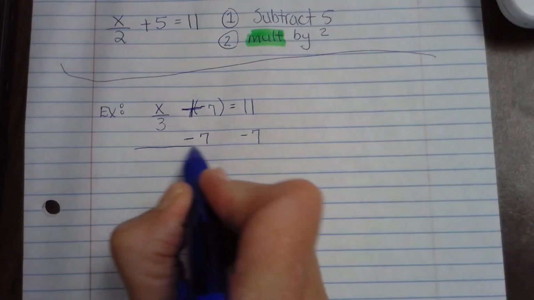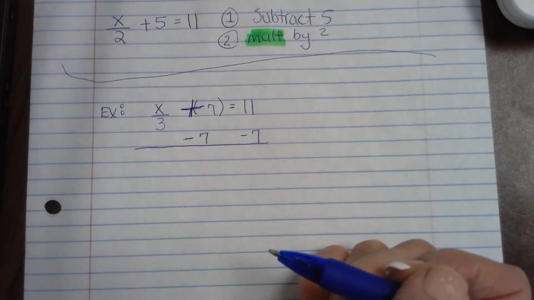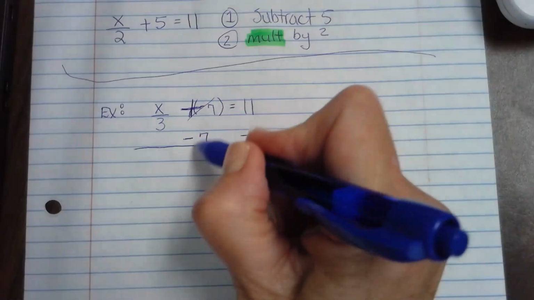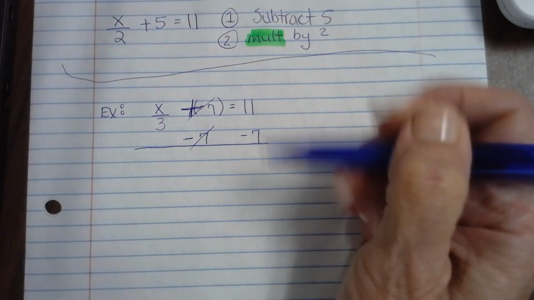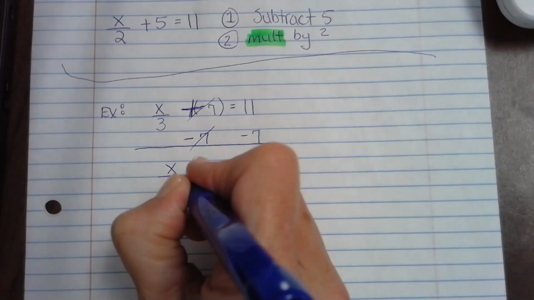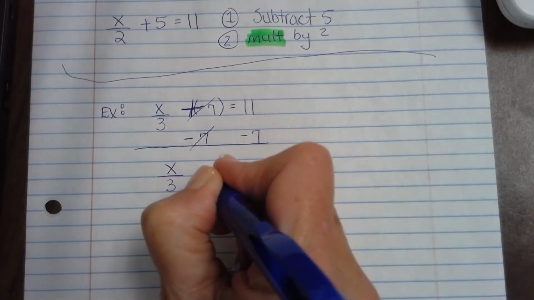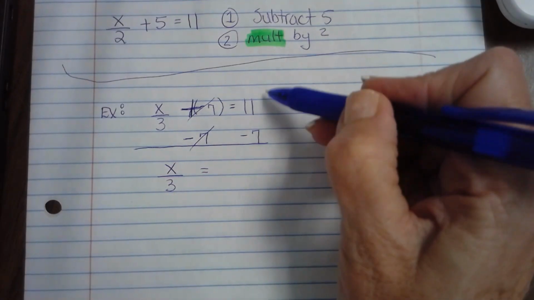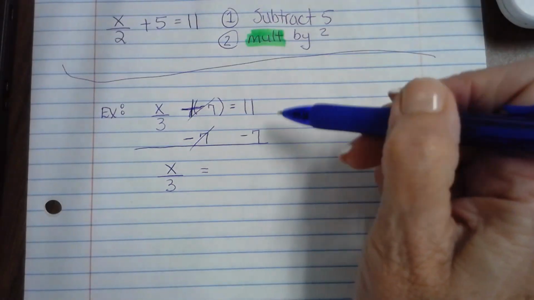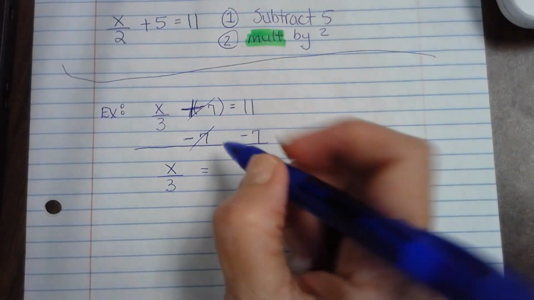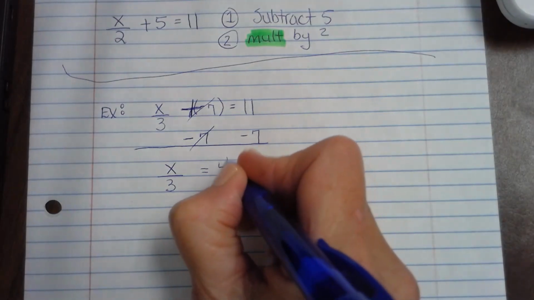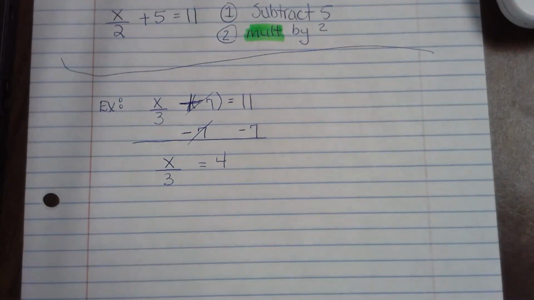So my 7's cancel here. I'm going to bring down my x divided by 3. I'm going to bring down my equal sign. I need to subtract 7 on the right-hand side. 11 minus 7 is 4.